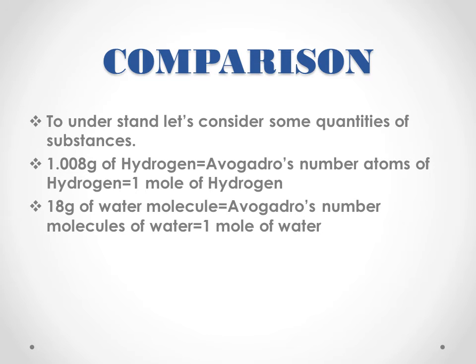Now, if we take a water molecule H2O, it means 2 hydrogen atoms and 1 oxygen atom make a water molecule. And if we calculate the grams of this molecule, that is 18 grams of water molecules. Now that is equal to Avogadro's number. Avogadro's number unit is molecule, because we say here the water molecule.